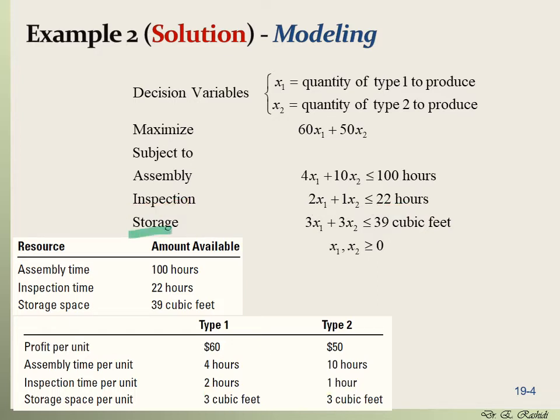For storage, they have a 39 cubic feet limitation. Each type 1 requires 3 cubic feet and type 2 requires 3 cubic feet, so 3x1 plus 3x2 is less than or equal to 39 cubic feet. And the last constraint is the non-negativity constraints. Here's the model. Our model is complete.